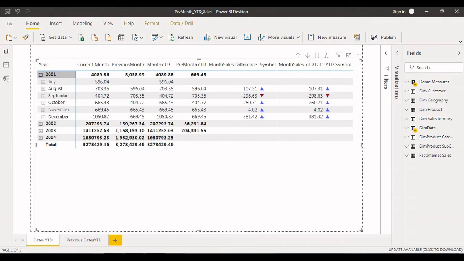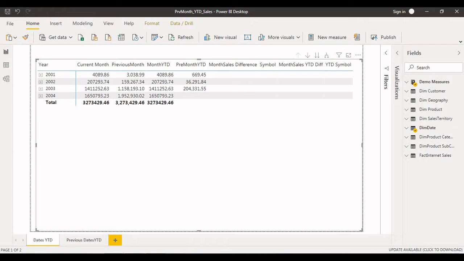In this example I'm creating previous month sales, as well as previous month YTD and current month YTD. We'll see the difference between them one by one.